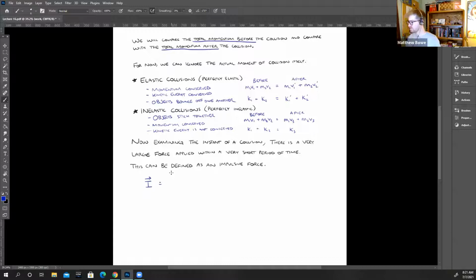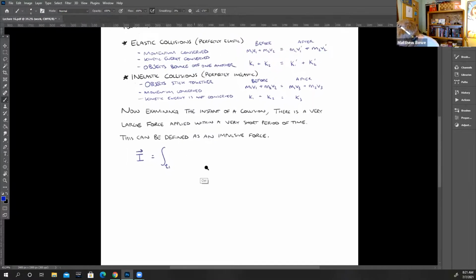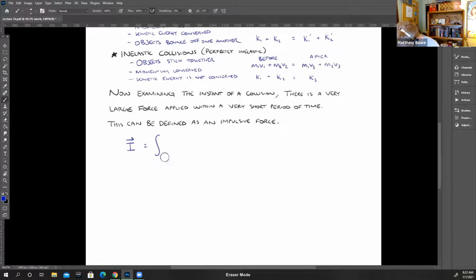The impulsive force is just a large force over a small window of time, a large force over a small sliver of time, or within a small amount of time.